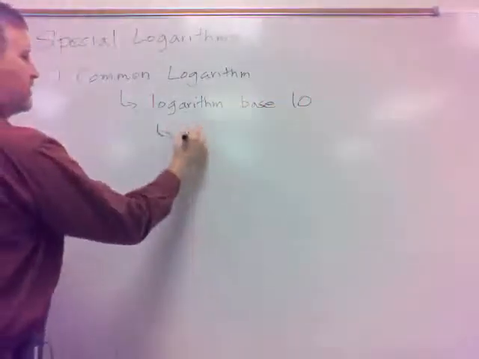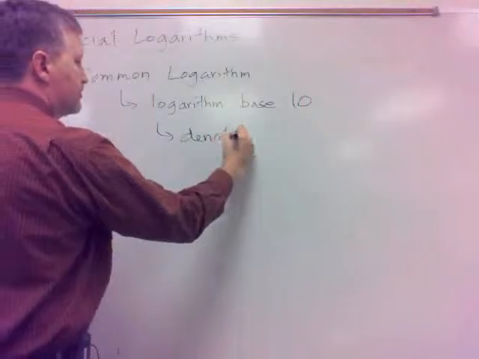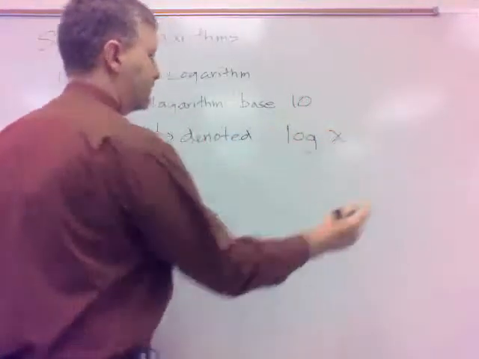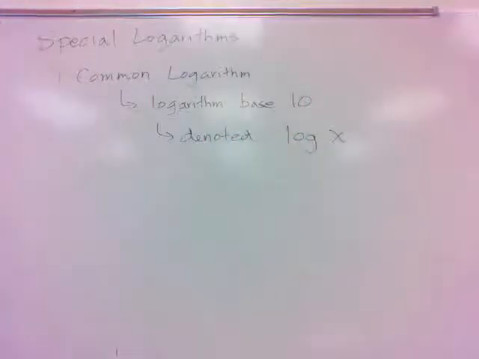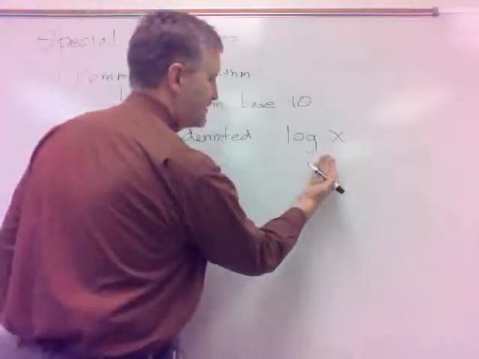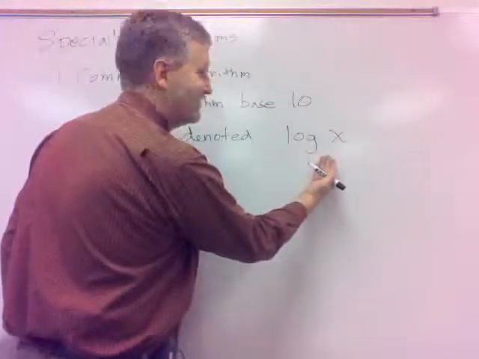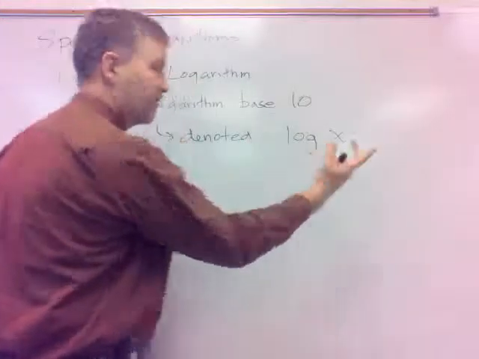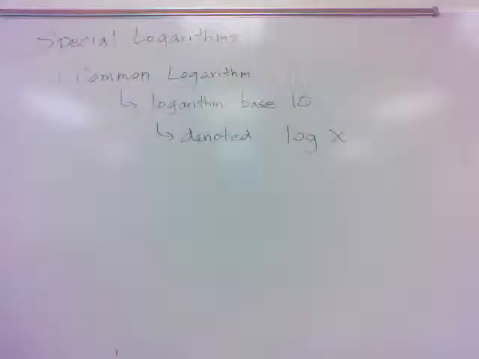And it's denoted just as the log of a number, x. Now, what's special about that? Notice what's missing here. Yeah, there's not a number base there, is there? So if we don't see a base in our logarithm notation, the base is base 10.